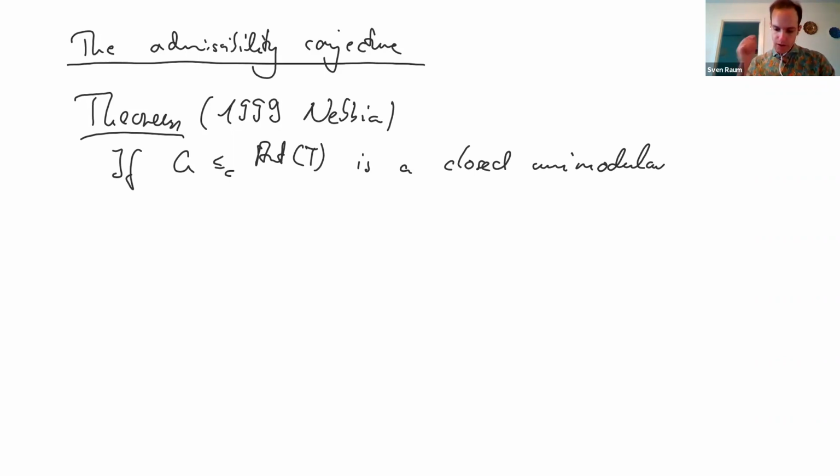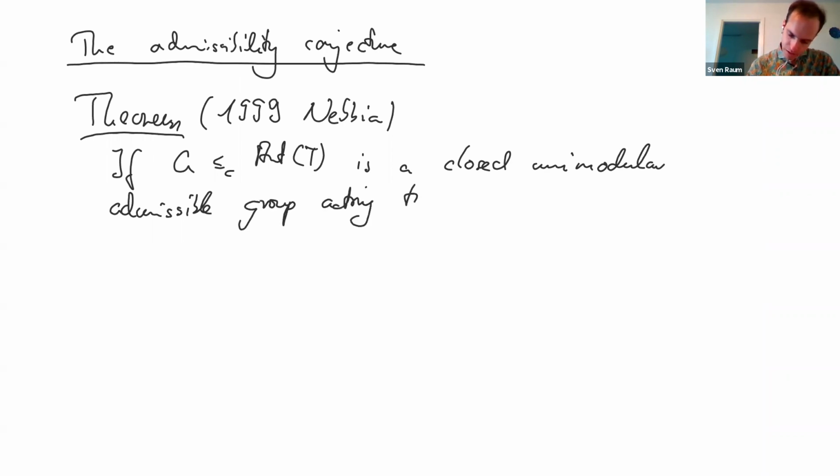Okay, this is a condition. I can explain you maybe in a second why. Closed, unimodular and admissible. A group acting transitively on vertices.